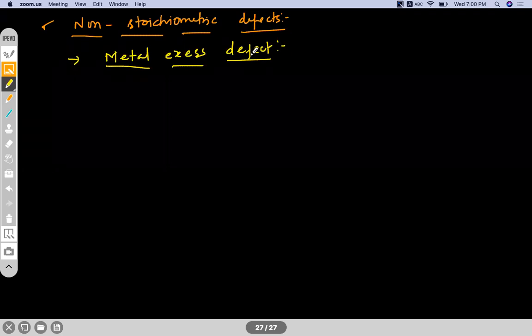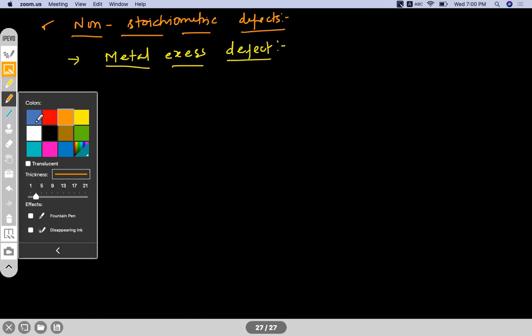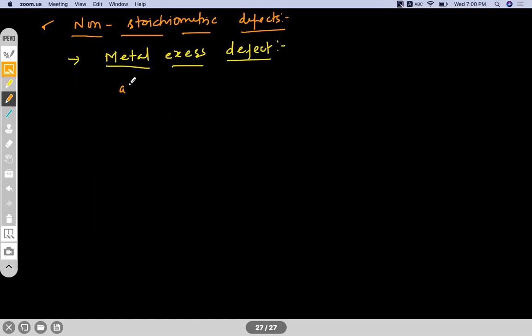This defect may develop in two ways. The first one is when excess cations occupy the interstitial position.